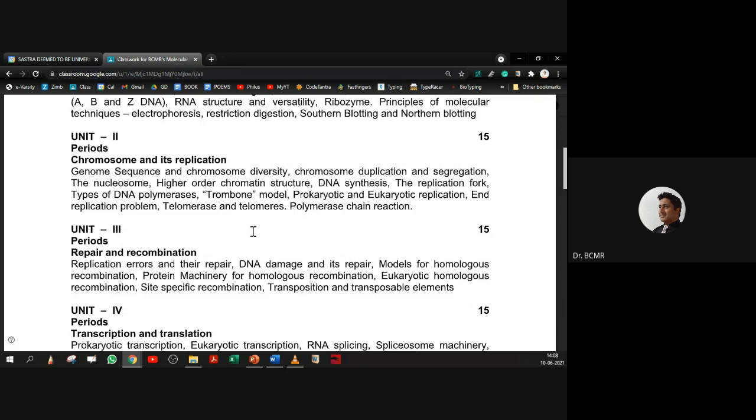Similarly, in replication, one would learn about the chemistry of polymerization, the enzymology of polymerization, telomerases, telomeres. That is one important thing, and something like PCR, right?